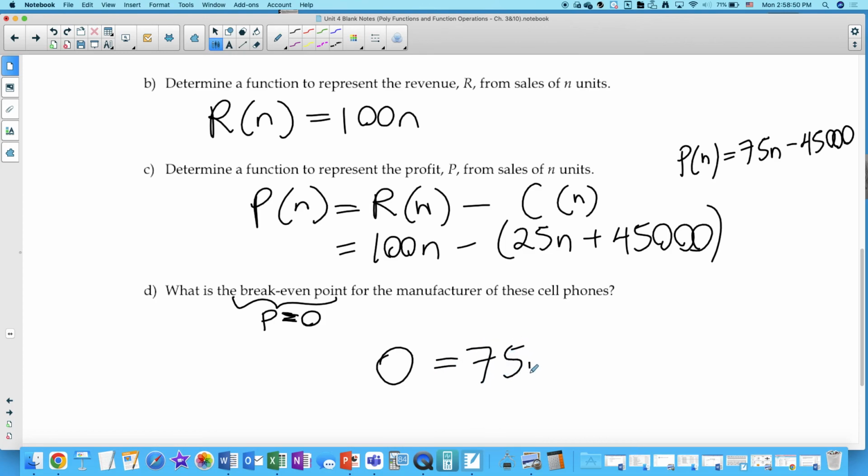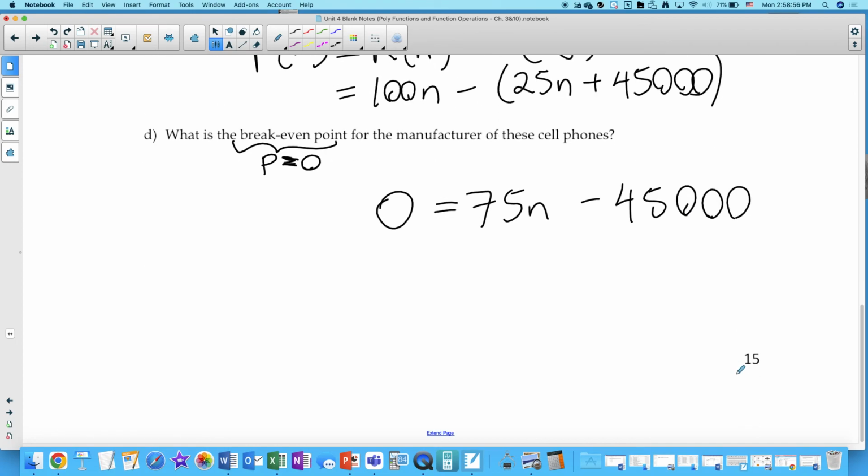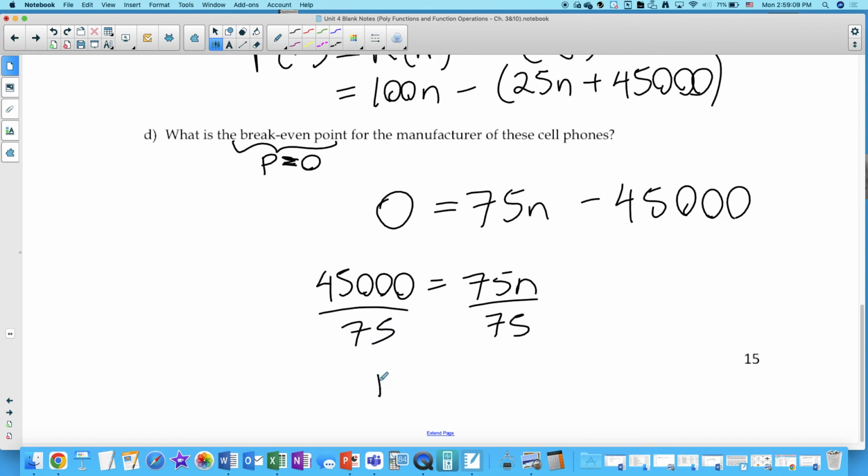Okay, and then we can add 45,000 to both sides. Okay, divide by 75. What is that? 600. Okay, so they have to sell 600 phones to break even.